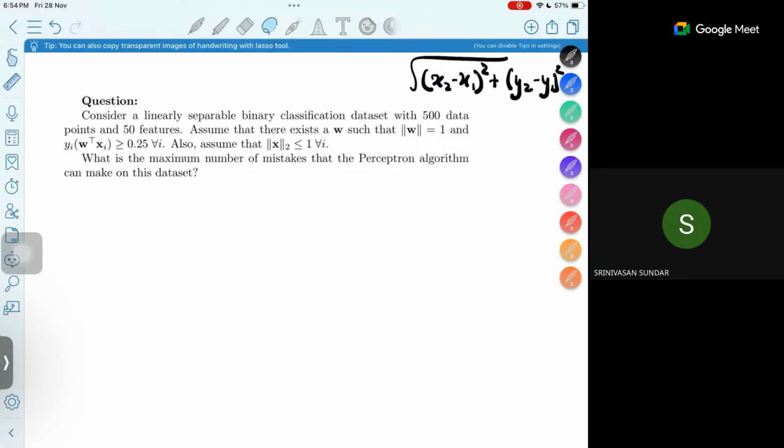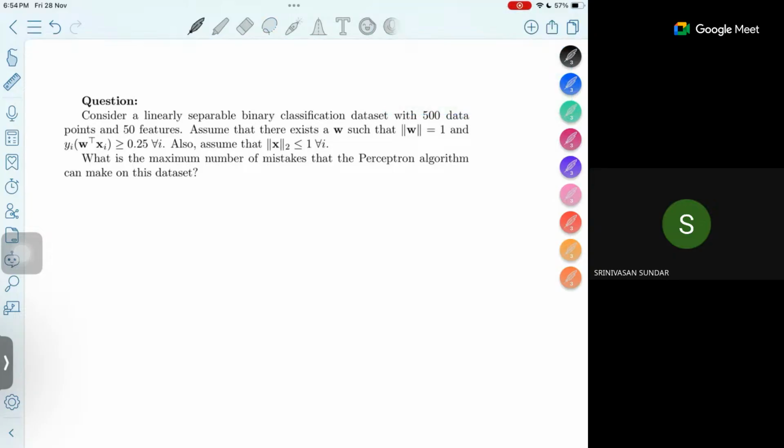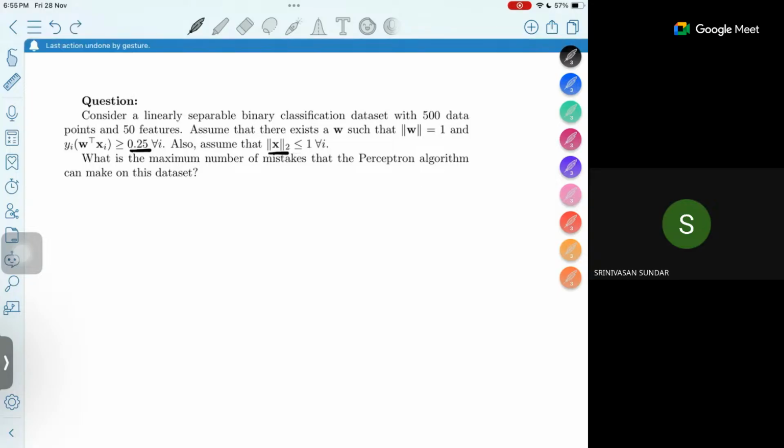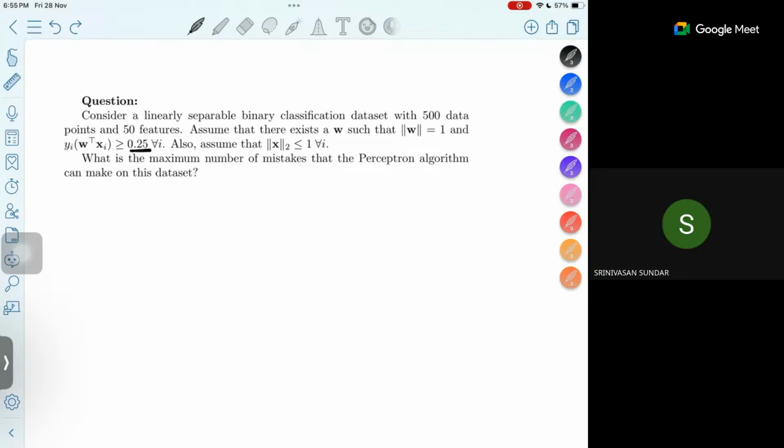Okay, Euclidean norm. So now assume that there exists a W such that norm of W is 1 and yi into W transpose xi is greater than or equal to 0.25 for all i. Assume that the L2 norm of xi is less than or equal to 1 for all i.